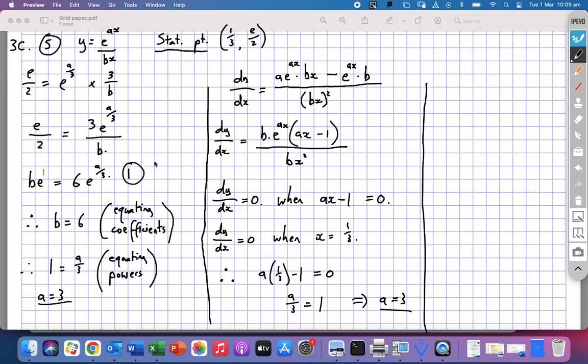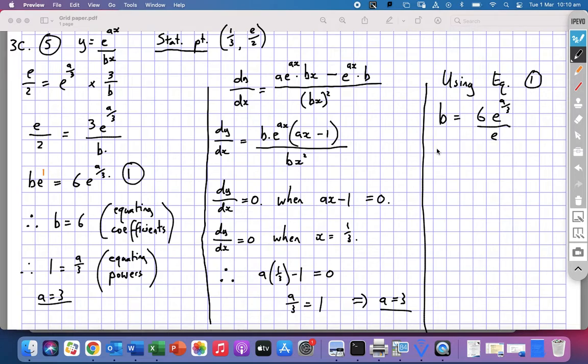I'll call it 1. Using equation 1, we know that b would have to equal 6 e to the power of a on 3 divided by e.